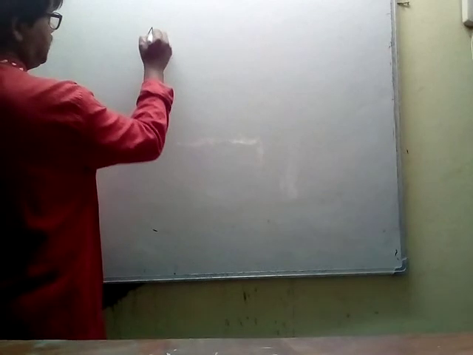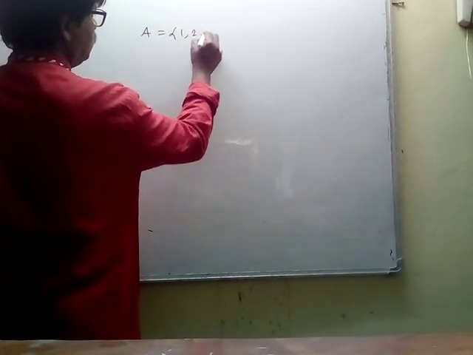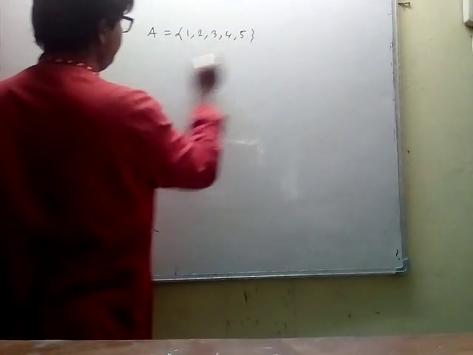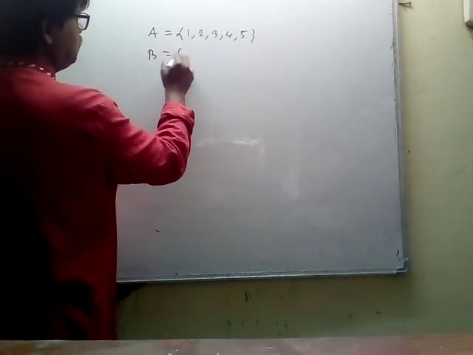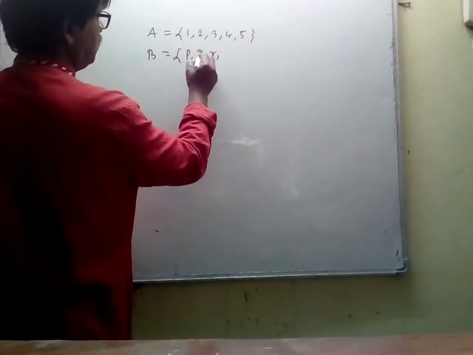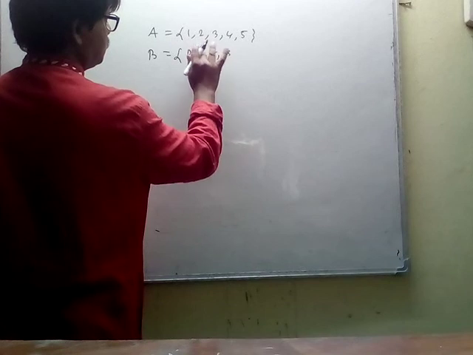For example, let A equal to {1, 2, 3, 4, 5} and B equal to {P, Q, R, S}.